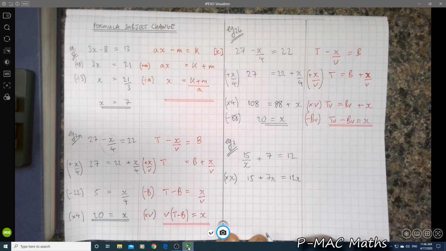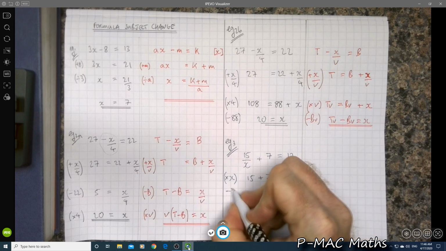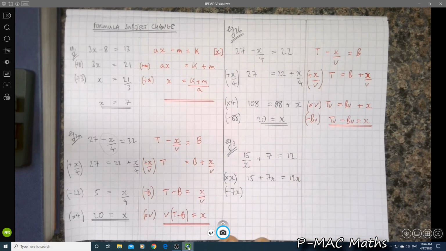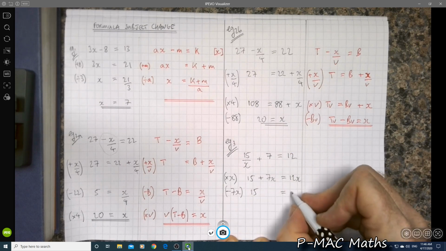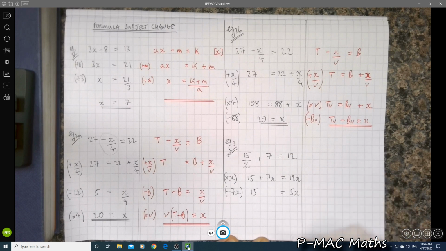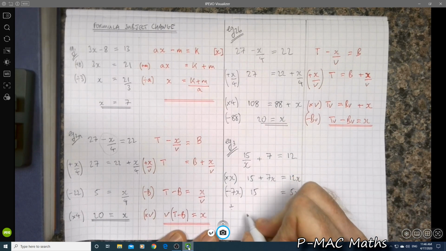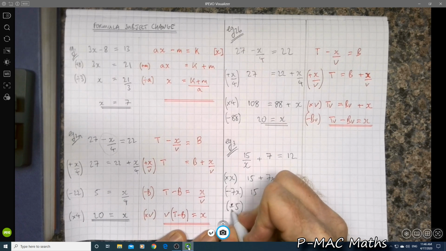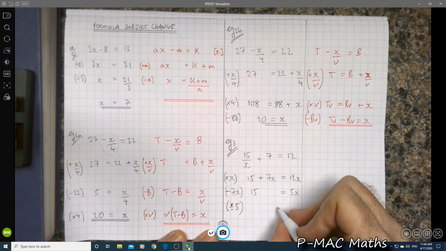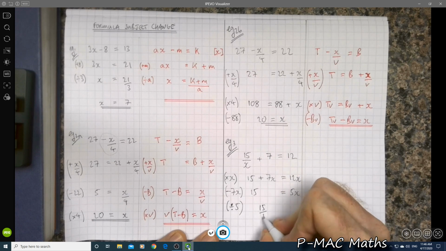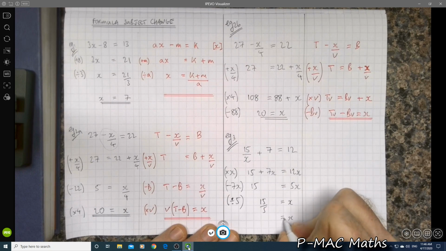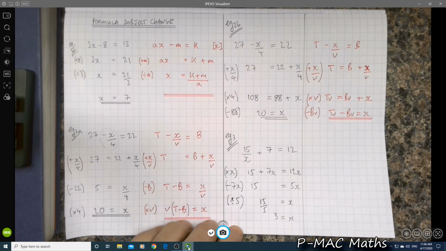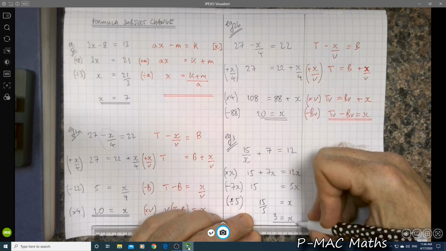I'm going to get rid of the 7x. So let's take 7x from both sides. 15. 7x is gone. Take it from here. 5x. And then finally, to get x on its own, divide both sides by 5. That's a division sign. 15 divided by 5 equals x. And x equals 3. Underline your answer.